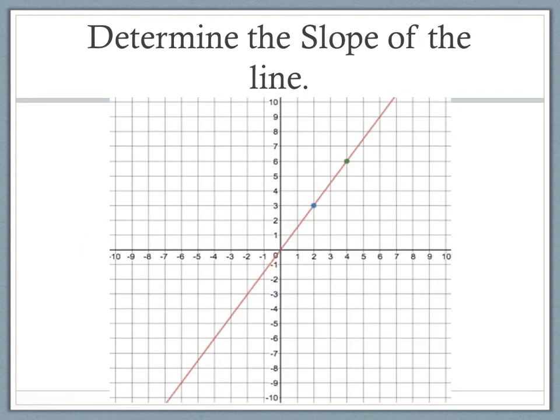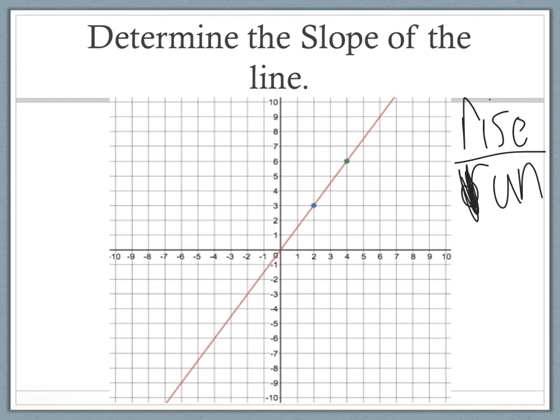Now, we're going to use a graph to figure out what this slope is. Remember, slope is just rise over run. My rise, I'm going to start left to right, just like a book. 1, 2, 3, so I go up 3, and I go to the right 1, 2, over 2. That's my slope, 3 over 2.